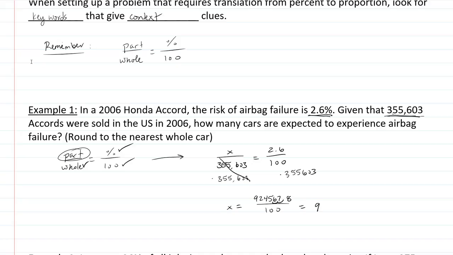So we end up getting 9,245.678. Our problem advises us to round to the nearest whole car. So we round up to 9,246 Accords should experience airbag failure in 2006.